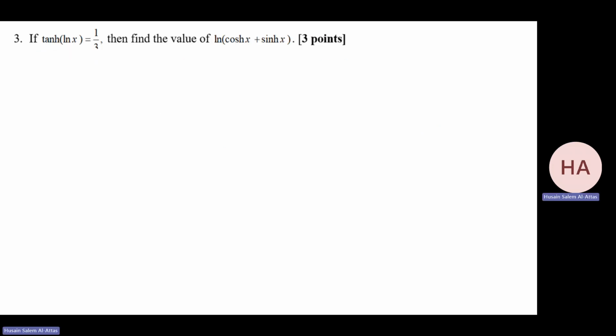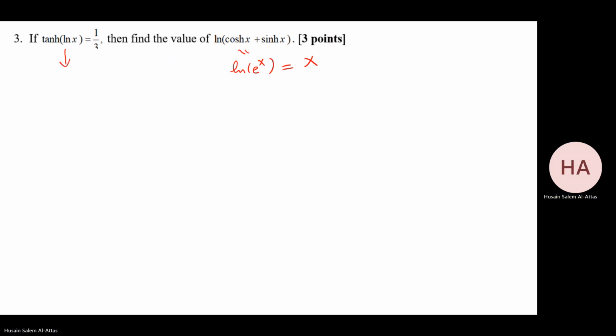Okay. If tan hyperbolic of ln x equal 1 over 3, then find the value of this. The value of this is what? It will be ln e to the power x, which is x. So actually, I need to find x.